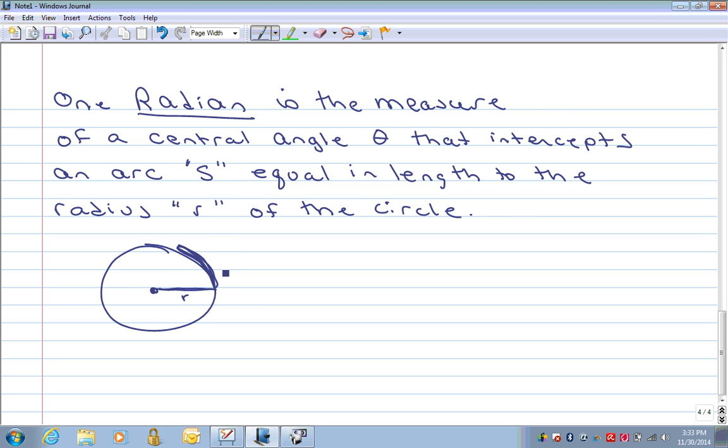This arc would be s, but it would be equal to the length of r, and this is also r, and this angle would be theta. So in this case, theta, the angle, would be equal to the arc length s over r. For a unit circle, if r was 1 and s is 1, the angle would be 1 radian.